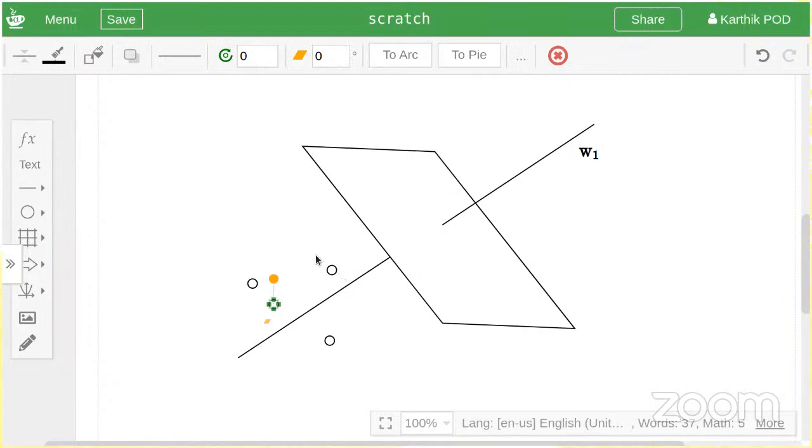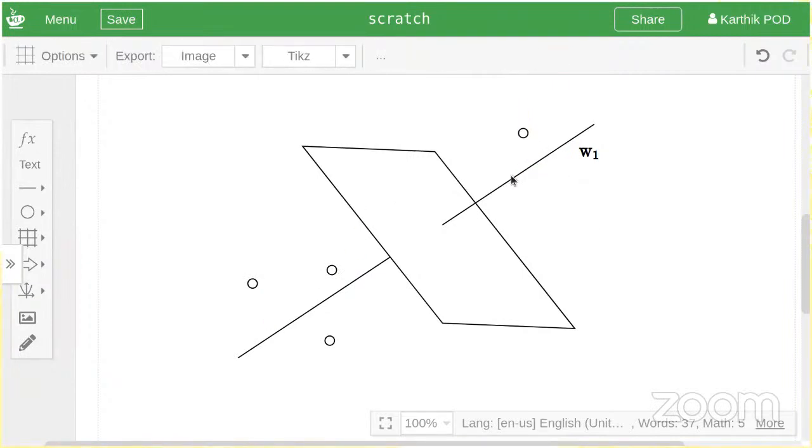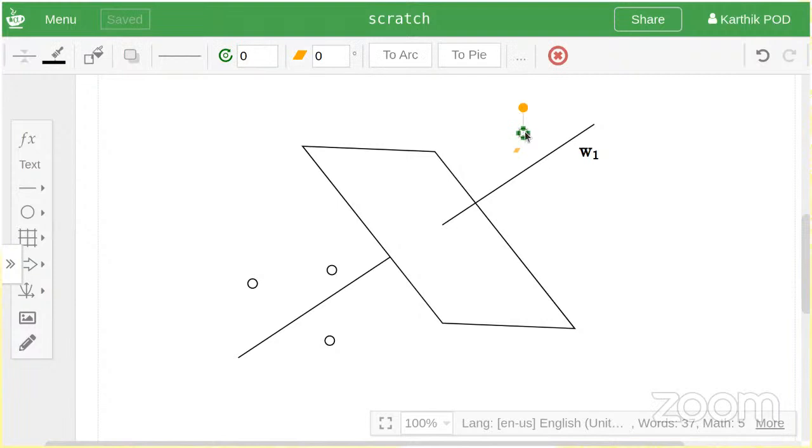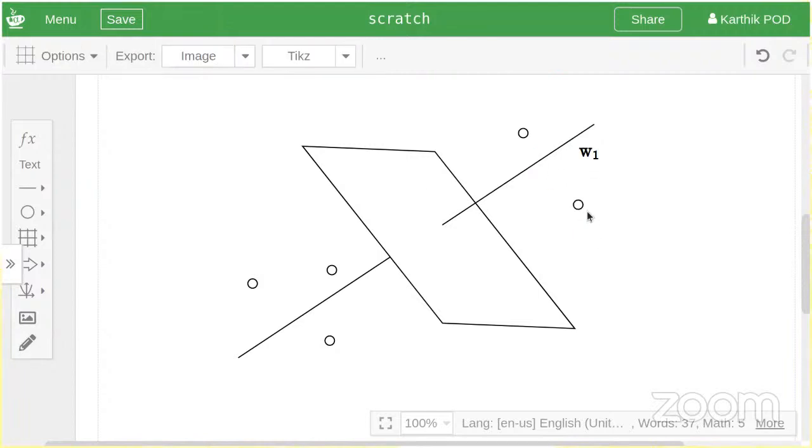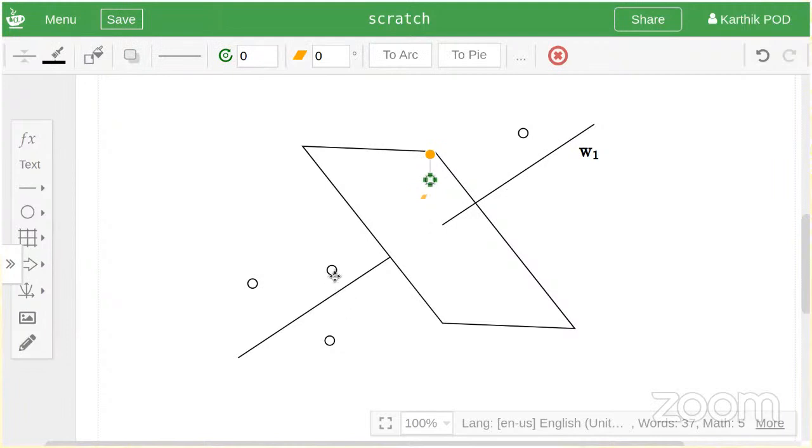Yes, sir. So now the error vectors of these points, I'm not going to draw the error vectors, will be perpendicular to W1. That is okay, right? They'll all be perpendicular to W1. Yes, sir. But the point is that they need not be on a line. They are going to lie on a plane.